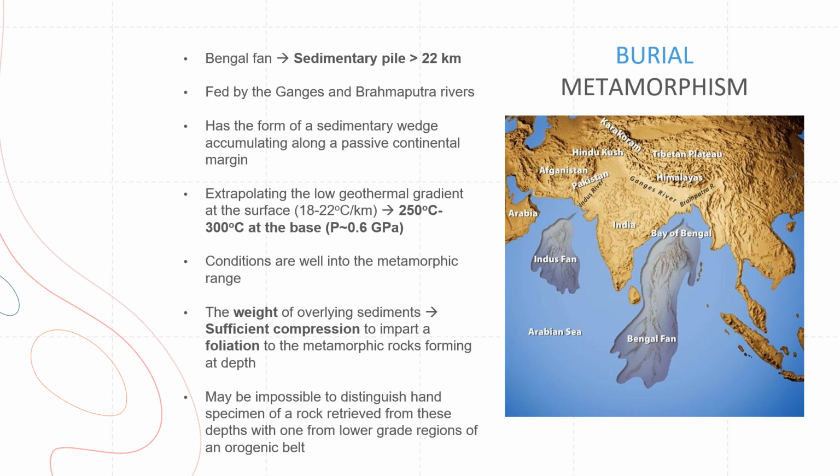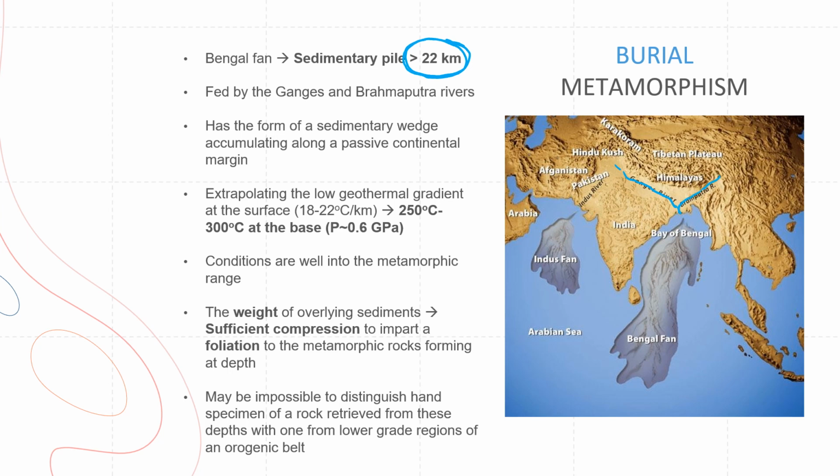One of the best examples for burial metamorphism is the Bengal fan, and this is a massive sedimentary pile that's over 22 kilometers. And this is fed by two rivers. So we have the Ganges here and the Brahmaputra River here.